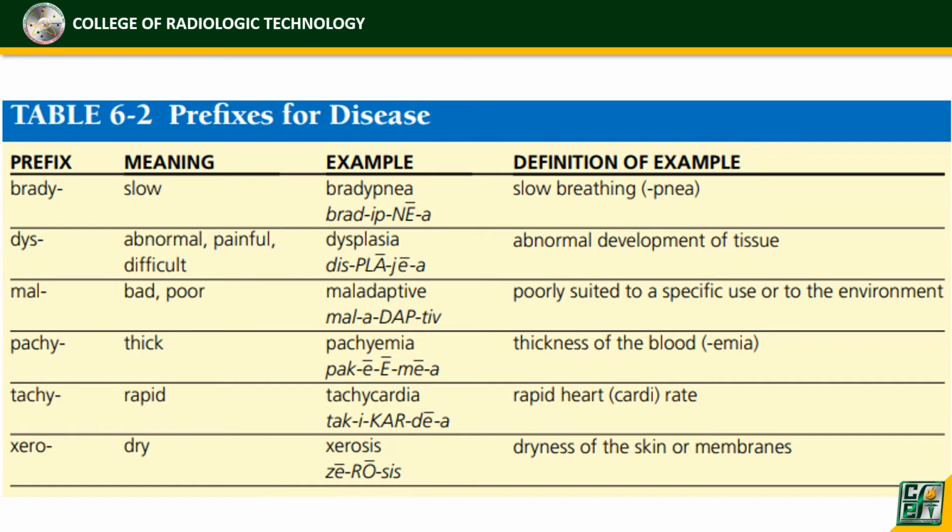Then we have pachy meaning thick, pachemia, meaning thickness of the blood. Pachy means thick, emia means blood. Then we have tachy, meaning rapid. Okay, tachycardia is the example. Tachycardia means rapid heart rate. Okay, tachy and brady are opposites. Next, we have xero, meaning dry, xerosis, dryness of the skin or membrane.